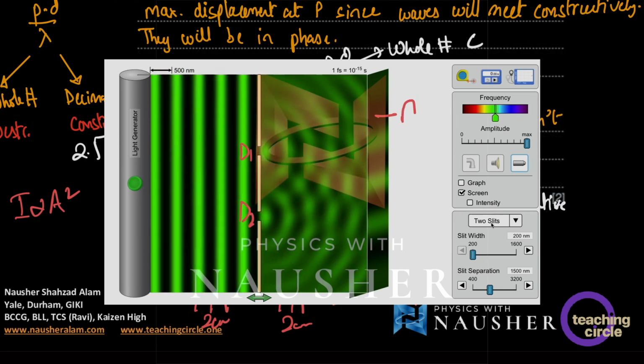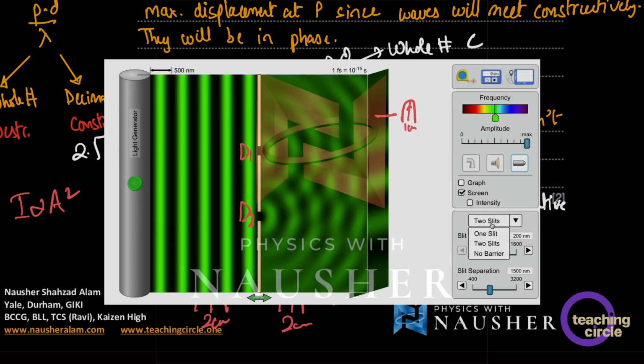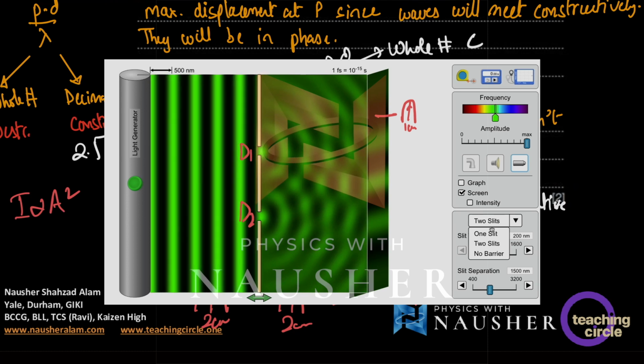So D1 has an amplitude of 1 centimeter. D2 also has an amplitude of 1 centimeter, but it is in opposite direction. Hence, they cancel out. Let's say they ask you why you see a bright fringe. Because if this is D1, 1 centimeter, this is D2, 1 centimeter, they get added. That is why you see the bright fringe.